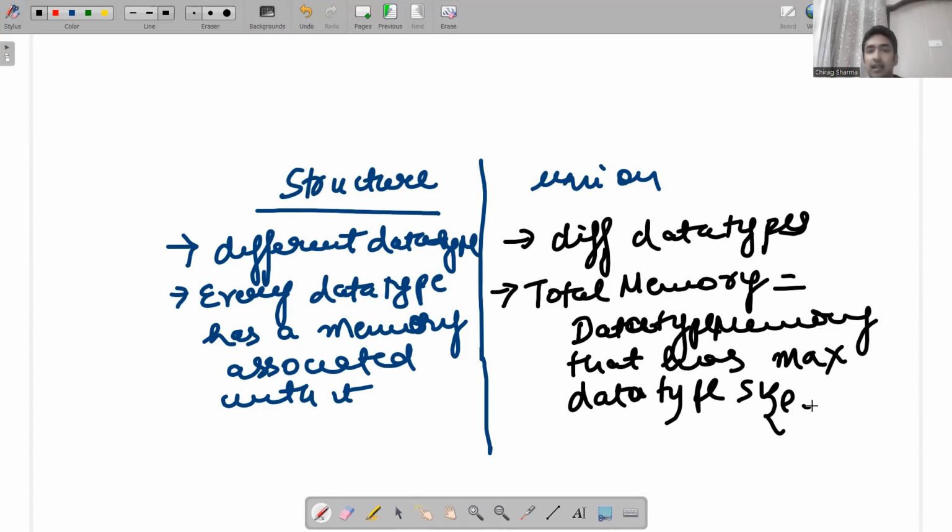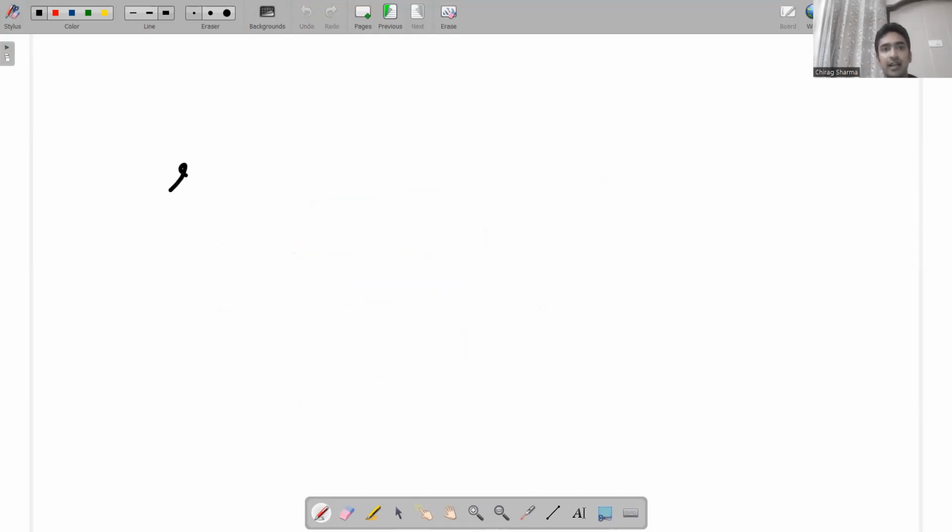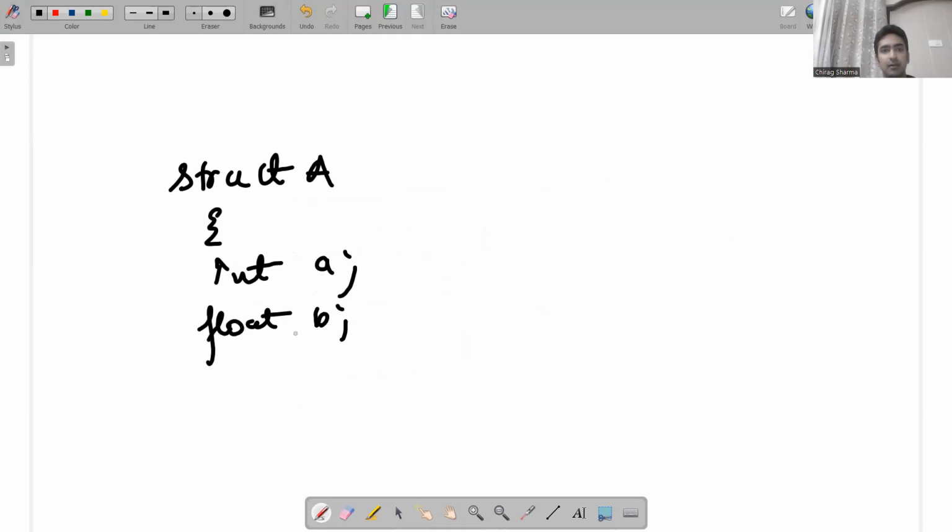Like if I take an example of struct A and I'm writing int A, float B, and I have declared the variable of structure. Memory allocation to structure is done after declaring the object of it.